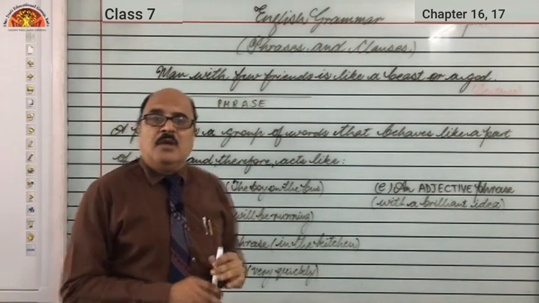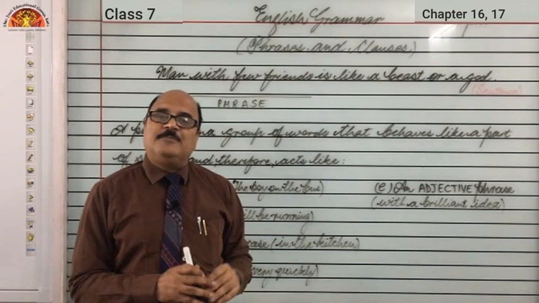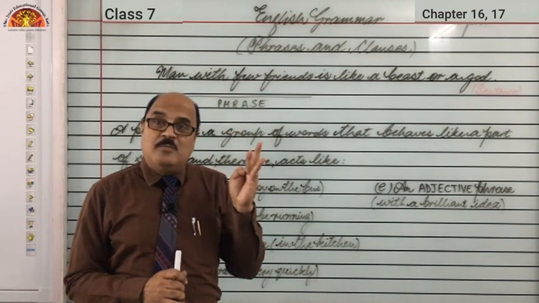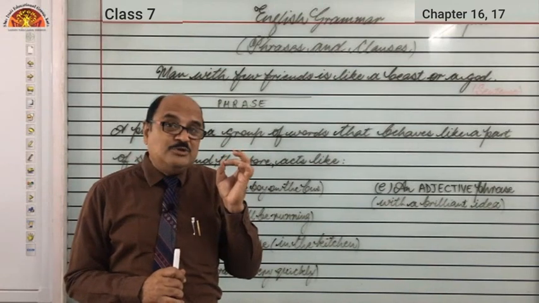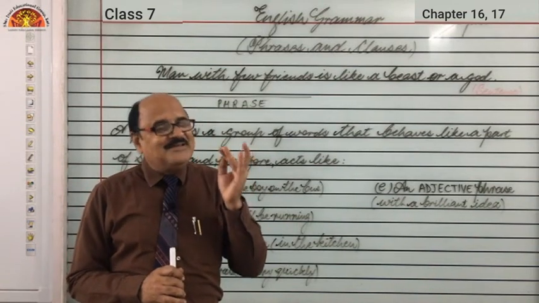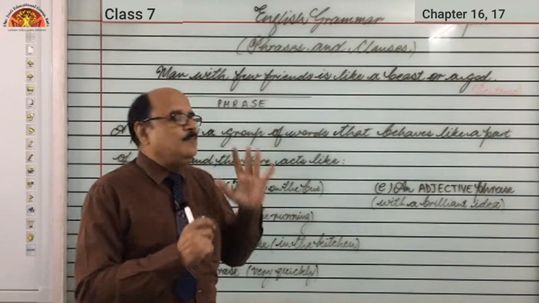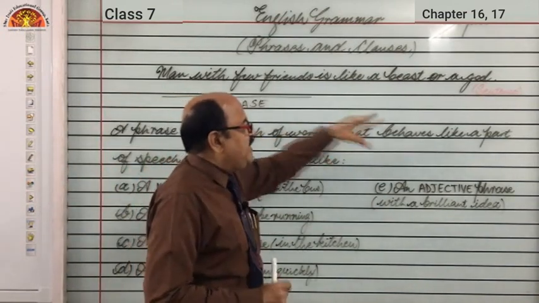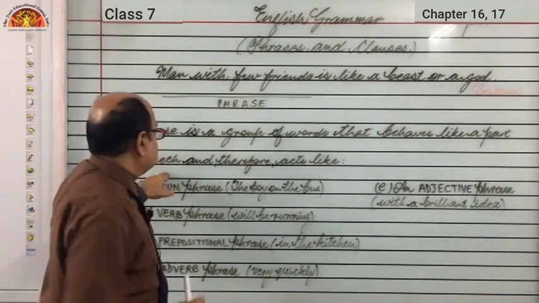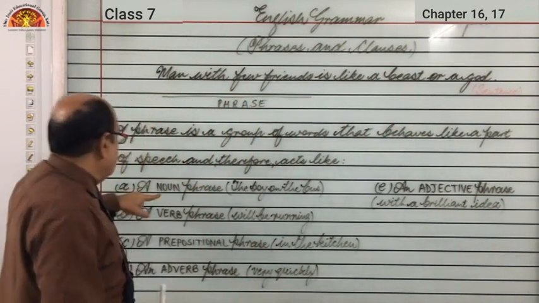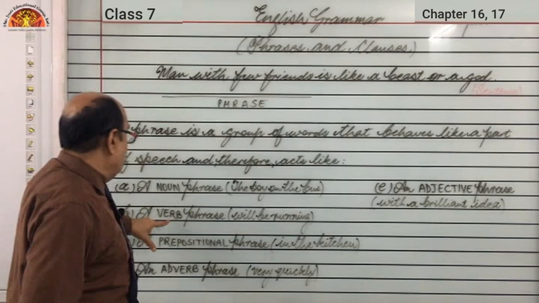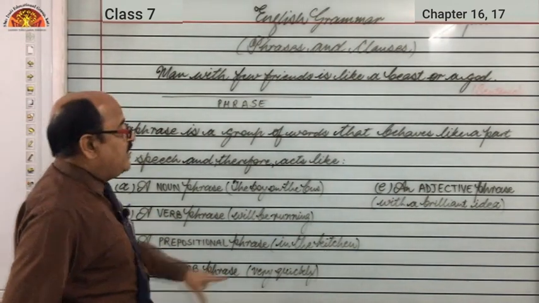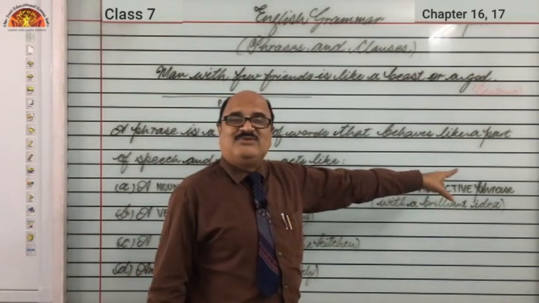You know there are so many parts of speech: noun, pronoun, verb, adverb, adjective, preposition, conjunction, interjection. So we can say a phrase is just a group of words that behaves like a part of speech. Part of speech means noun phrase, verb phrase, prepositional phrase, adverb phrase and adjective phrase.